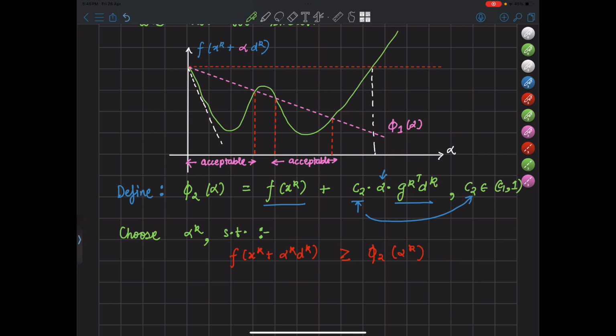So this ensures that the slope is, because this gk transpose dk is negative, more negative compared to the Armijo condition. That's what it wants. That's why this relation is there. All right. So this is called Goldstein condition.